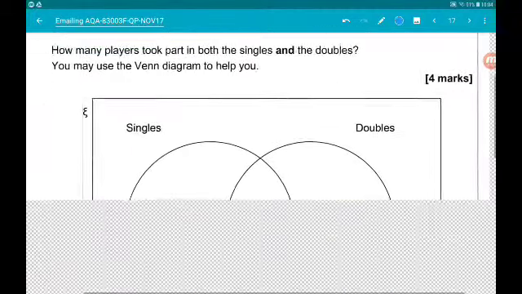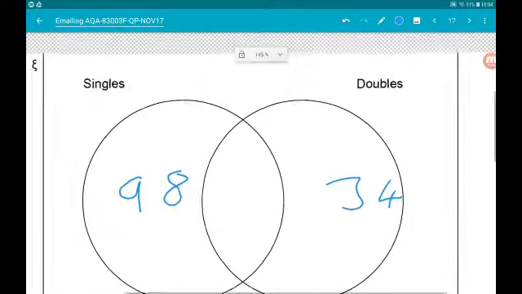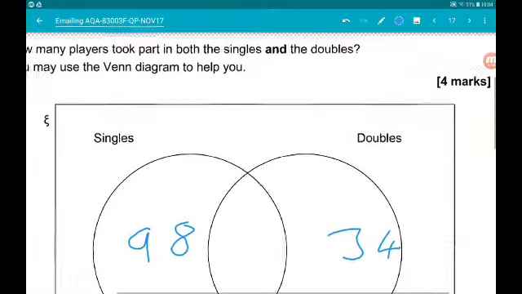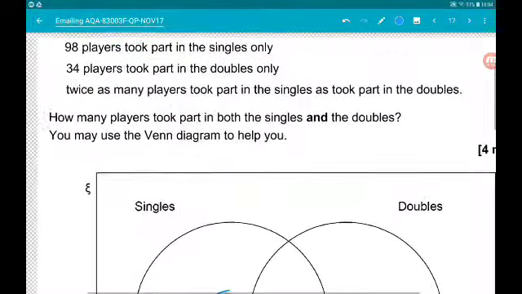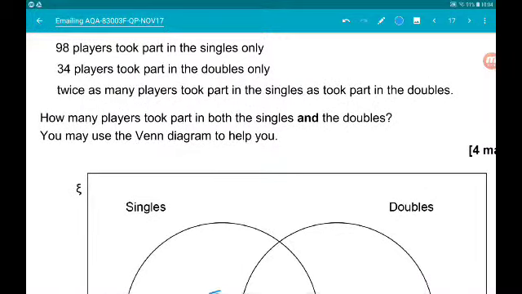Now, what we don't know is how many took part in both, and that is what we want to find. Now, we are told that twice as many players took part in the singles as took part in the doubles.